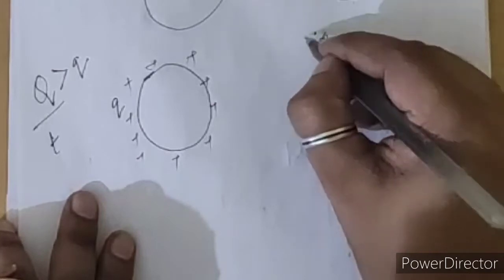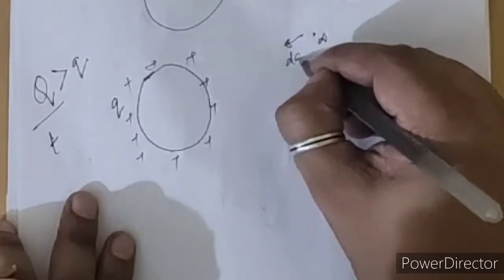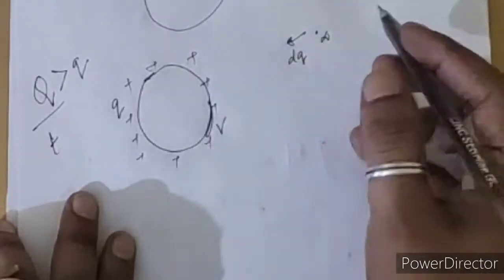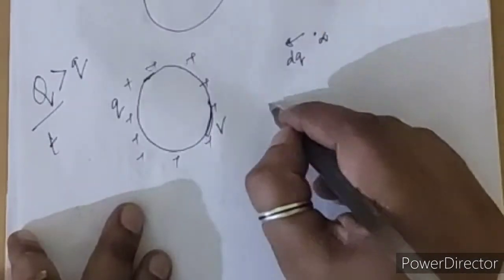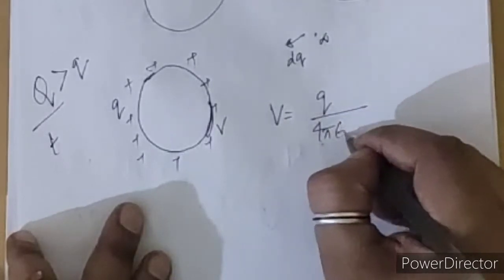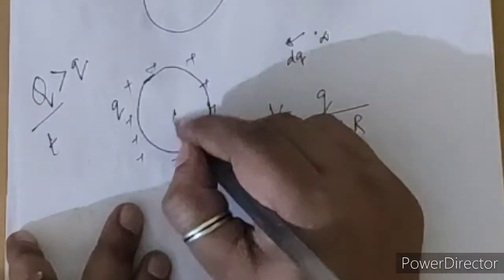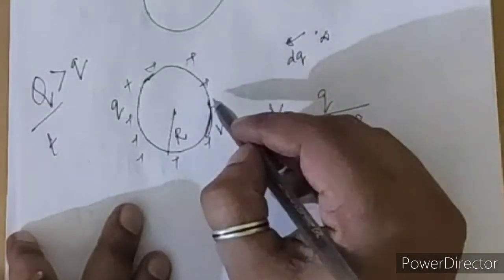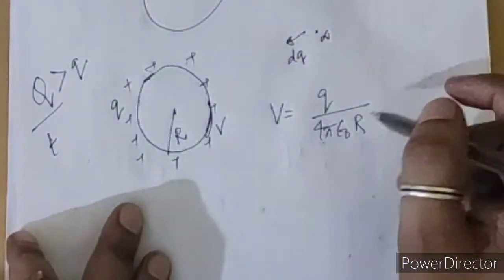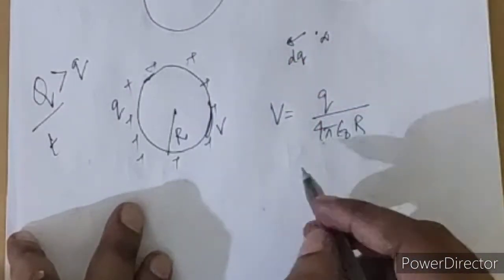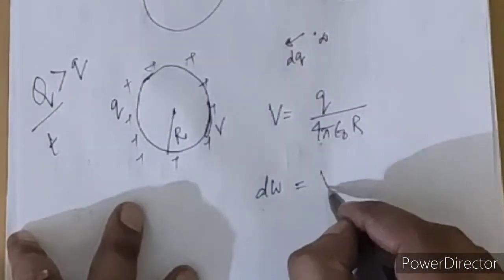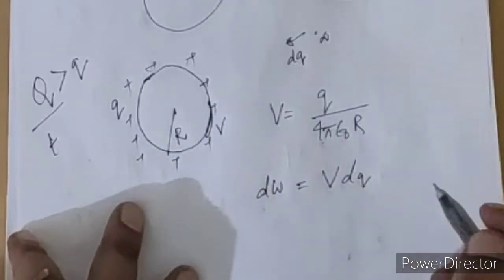Now from infinity we are bringing dq amount of charge, and say the potential at this surface is V. That potential is given by q over 4 pi epsilon naught R, where R is the radius of this shell and q is the accumulated charge. Now we are bringing in dq charge, so work done in bringing that small amount of charge will be V times dq.